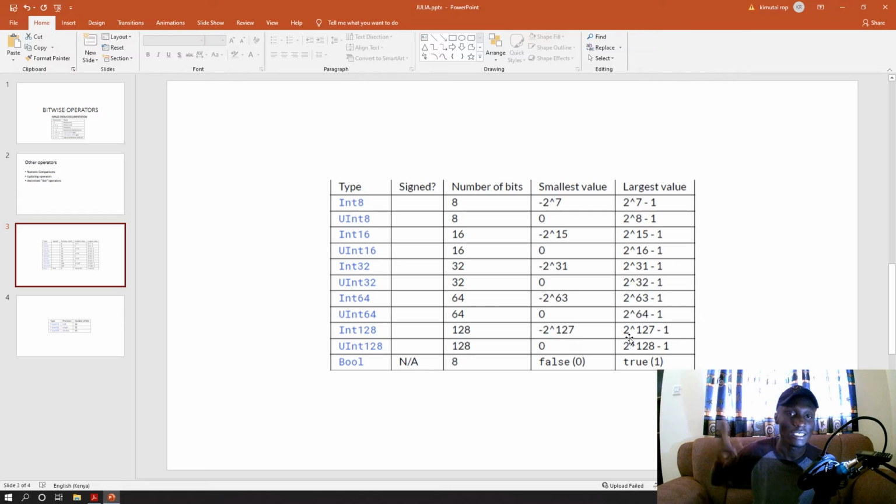For signed integers, the largest is 2 power 127 minus 1, and the smallest is always minus 2 power 127. So for unsigned integers the smallest is 0, and for signed integers it is minus 128 for the 8-bit type. So you can always know the expected largest value of a type.